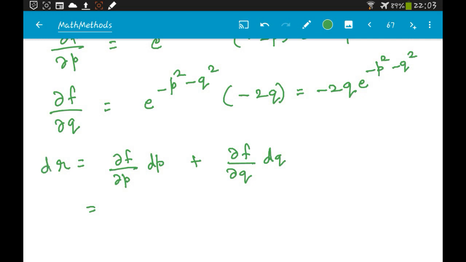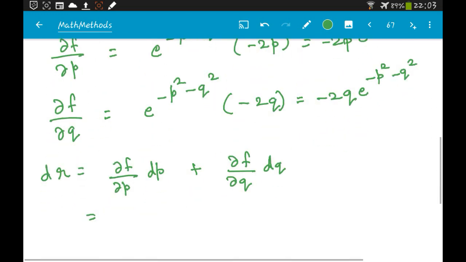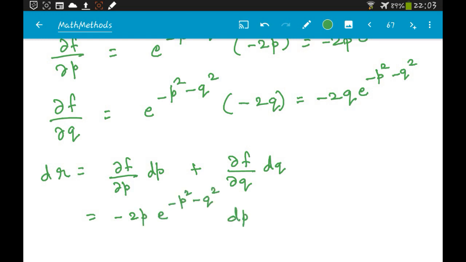So this is dr. Let's write down ∂f/∂p, that is -2p, into e^(-p²-q²) into dp, minus 2q into e^(-p²-q²) into dq. So this is our dr.